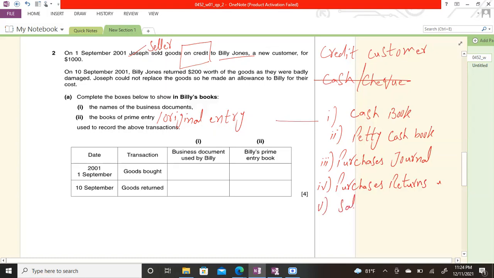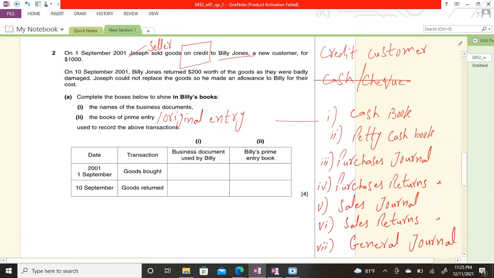Number five, sales journal or sales day book. Number six, sales returns journal. And number seven is journal. So seven books of prime entry.